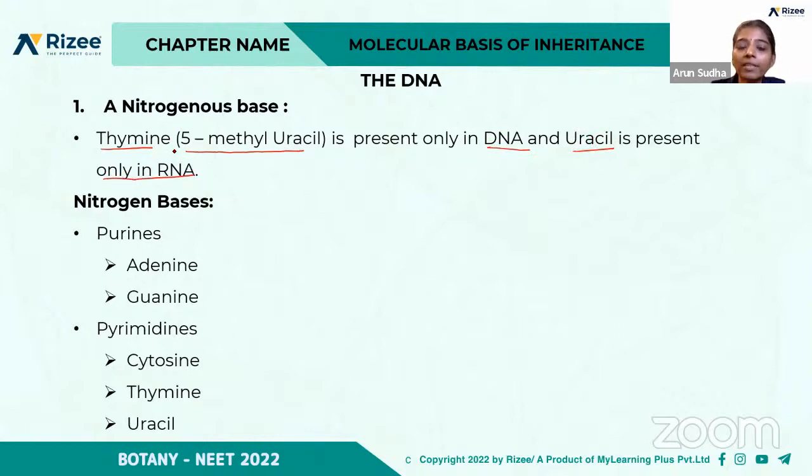So there is a main difference with regard to the nitrogenous base. Okay, and purines are adenine and guanine, and pyrimidines are cytosine, thymine, and uracil. So these are the main nitrogenous bases that are present in DNA and RNA.